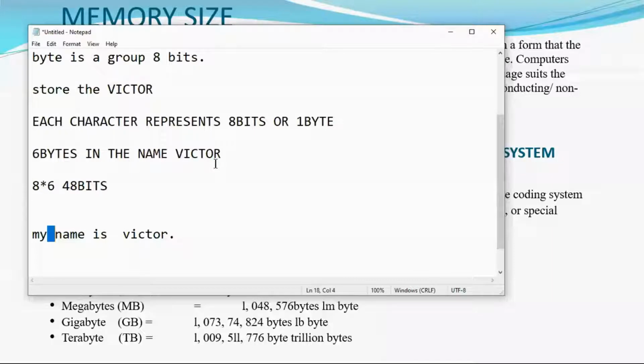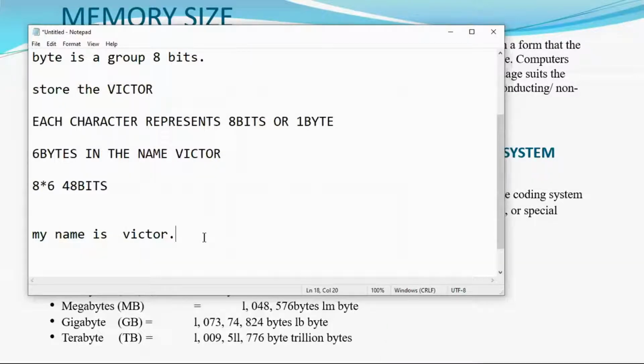So if I'm speaking to my phone through a speech recognition program, Google Assistant or Siri, it's going to convert what I've spoken, first of all, to text. Then from text, it is going to convert it to zeros and ones using some coding systems we are going to look at.